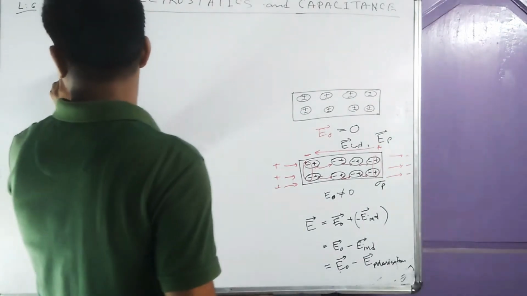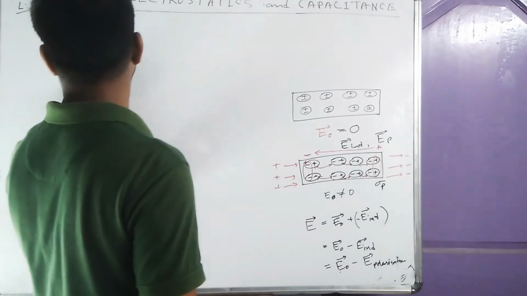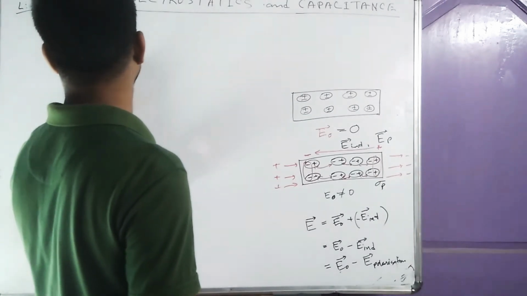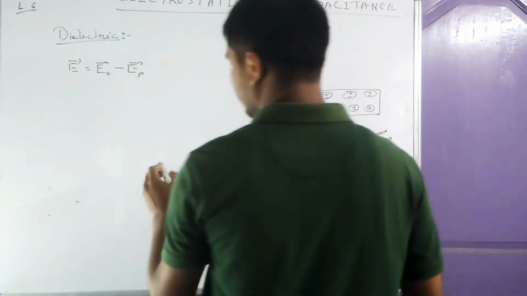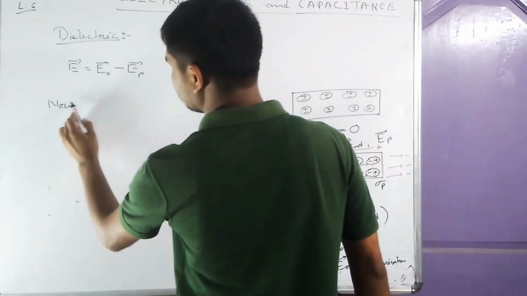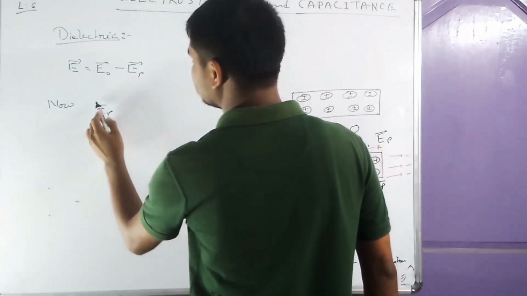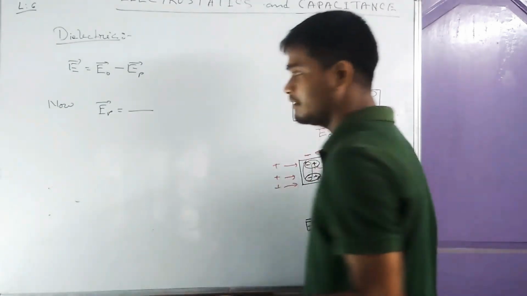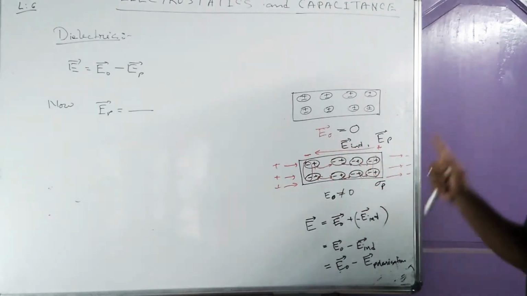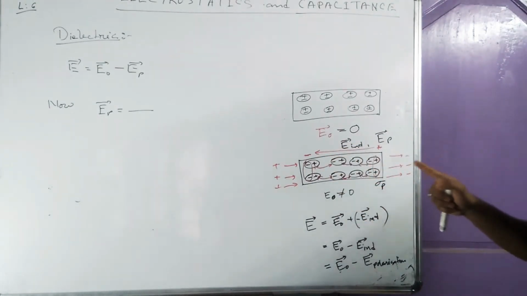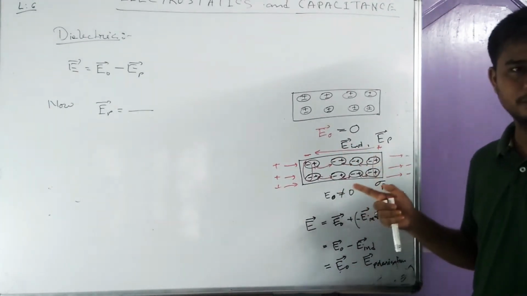So E is equal to E naught minus E polarization. Now, E polarization depends on how much polarization will occur, which depends on the material, that is, the permission given by this material. What permission?